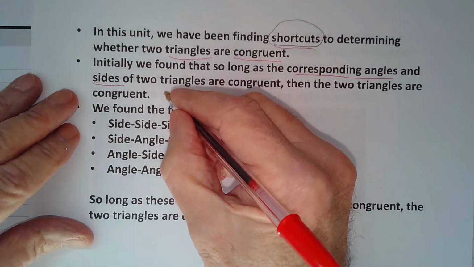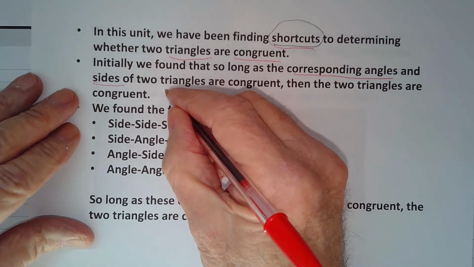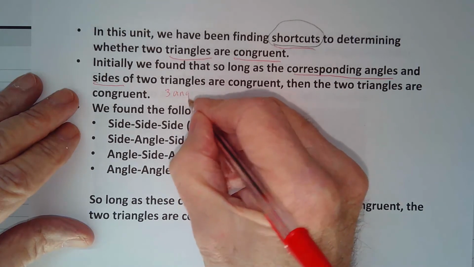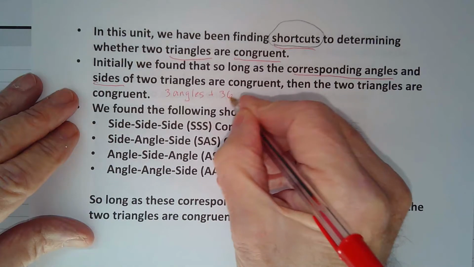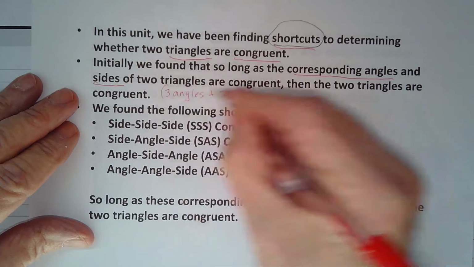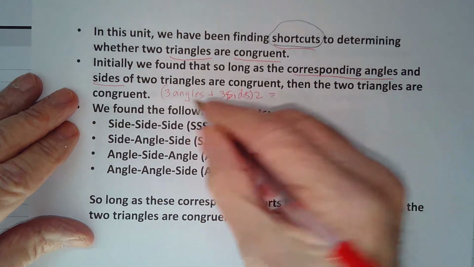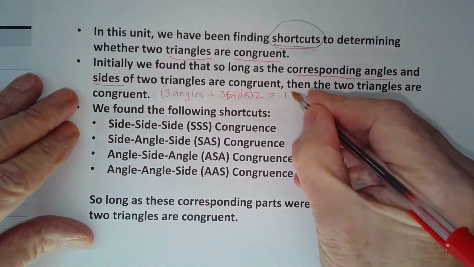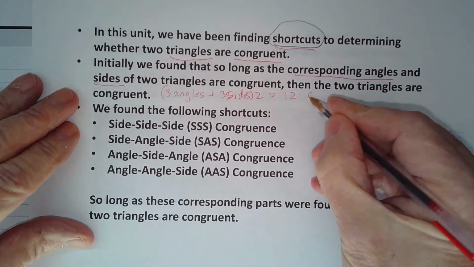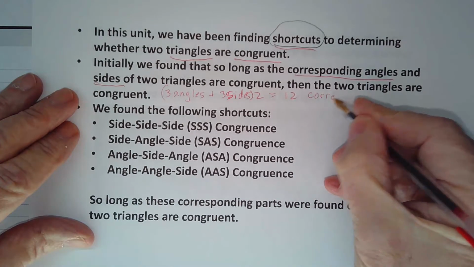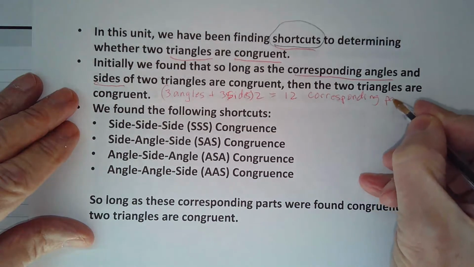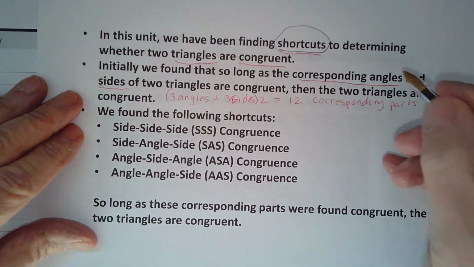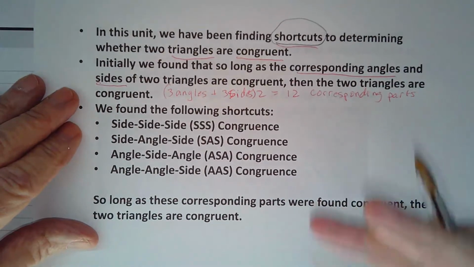That means you're looking at three angles plus three sides, times 2. So 3 plus 3 is 6, times 2 is 12. So we were looking at 12 corresponding parts. It's nice in geometry if you can discover shortcuts.